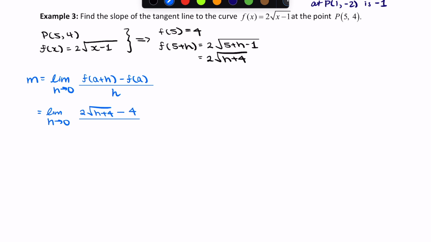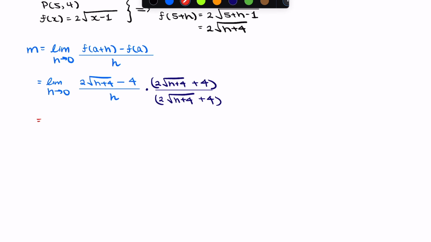over h. And here, what we want to do is conjugate the numerator, again, using the conjugate radical. So we're going to multiply by the conjugate radical. In this situation, it's 2√(h + 4) + 4. So remember, changing the sign, and 2√(h + 4) + 4. Put some brackets around this as well.